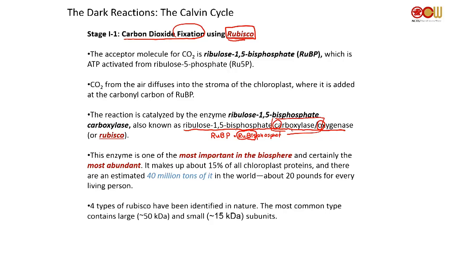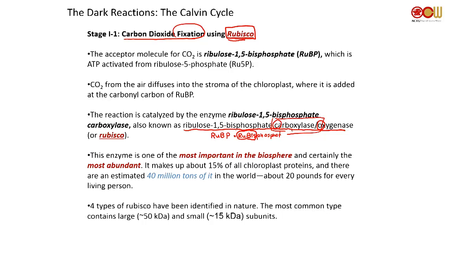Do you guys remember what they are? Pyruvate to oxaloacetate, that enzyme is called pyruvate carboxylase. Pyruvate becomes oxaloacetate. And the other enzyme we talked about goes from PEP to OAA, just like pyruvate. That's PEP carboxylase.